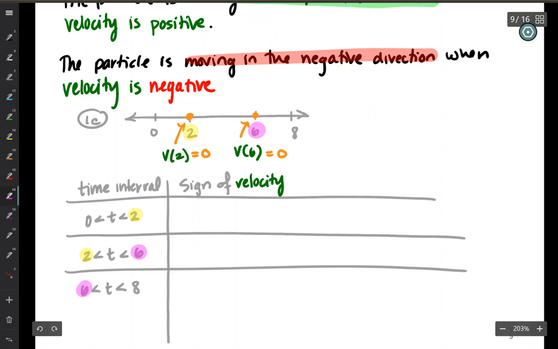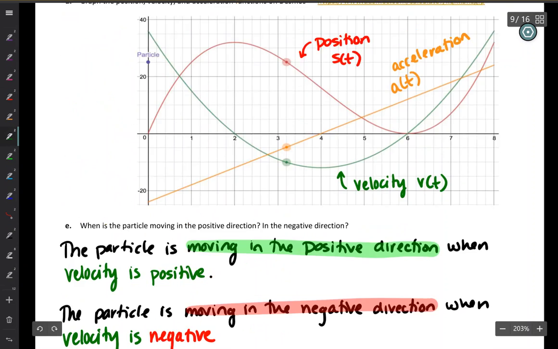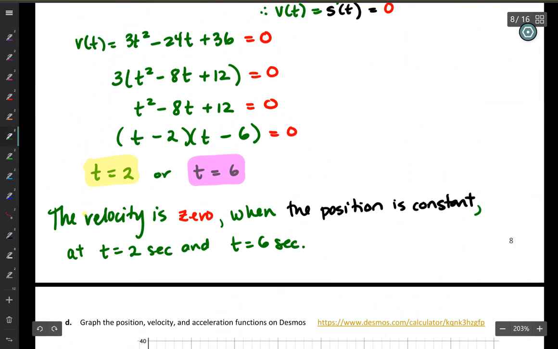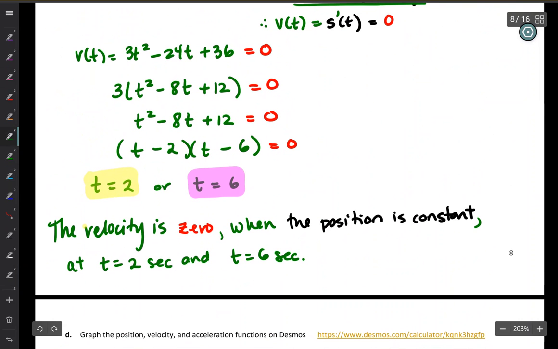All you have to do to test the sign of velocity is pick a number between 0 and 2, plug it into velocity, and see if it's positive or negative. Sometimes people like to look at our velocity function in factored form. You can, but if you do that, you want to remember to keep that 3 with you.